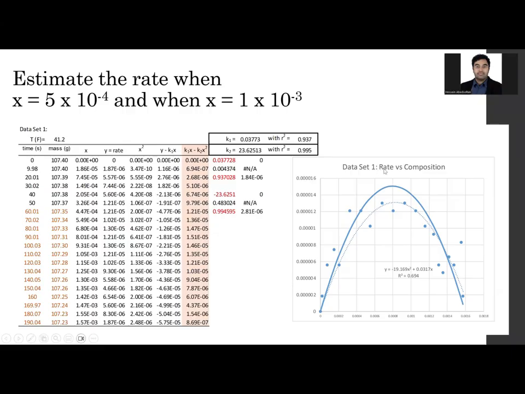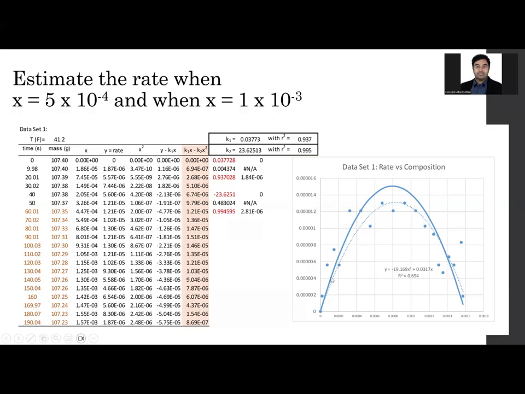Finally, what we have is the rate versus the mass composition of a system, and we have these raw data points, as you can see, and they are all over the place and really scattered when you look at them in the graph. And if you want to fit it, you could fit it with different forms and different lines.